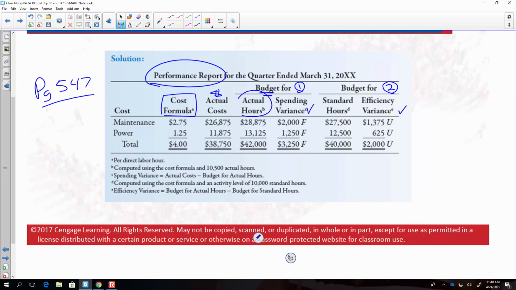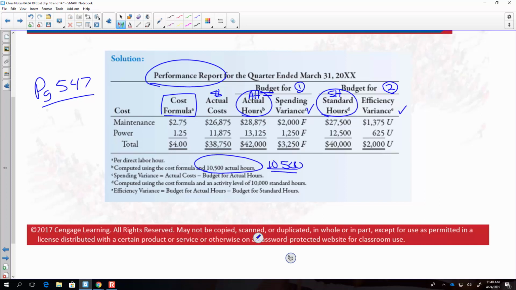Now it says actual hours versus standard hours. Here's my SH, here's my AH from our templates. Let's start with AH. There were 10,500 actual hours.